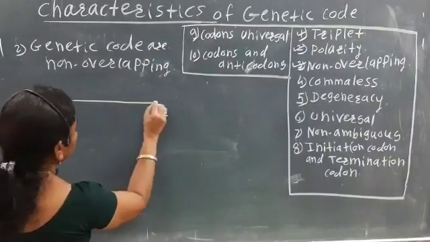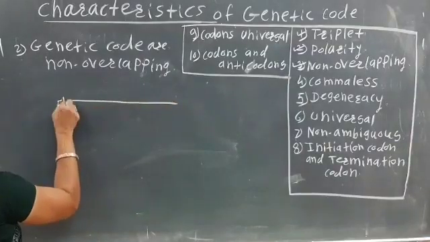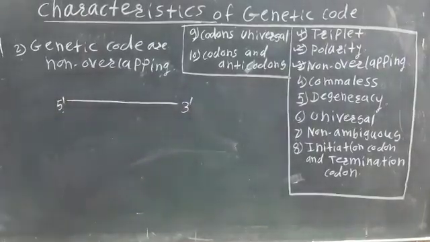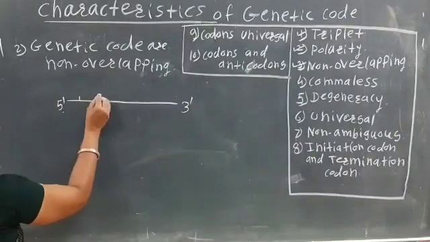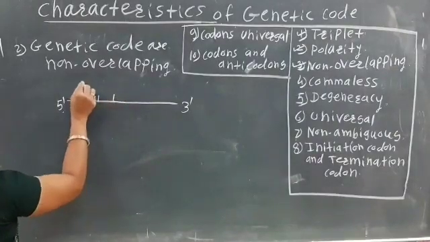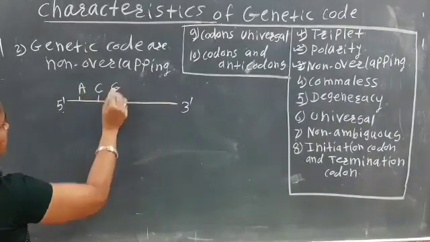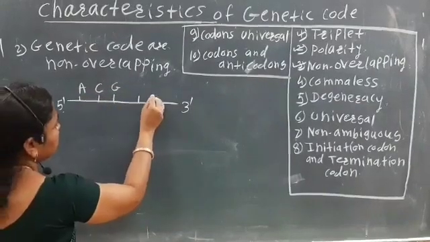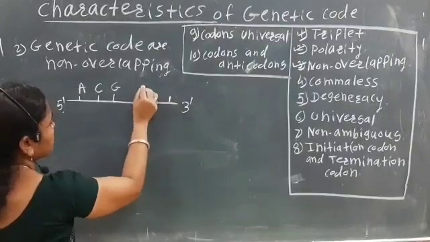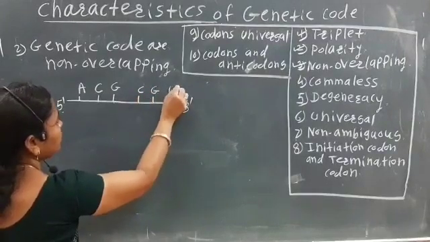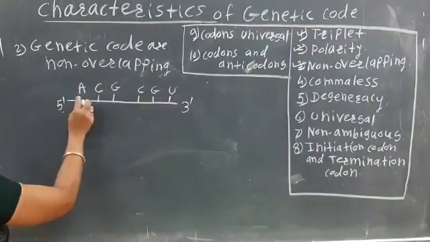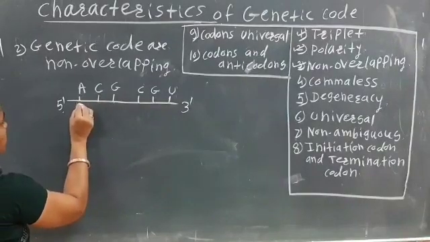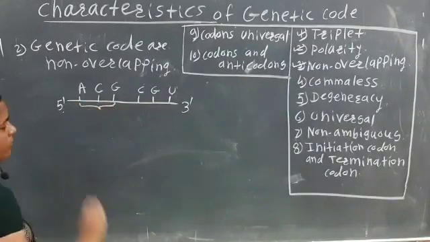So see here, here is the 5' end, here is the 3' end of the mRNA. So here the first genetic code, for example, is ACG. Okay, and the second genetic code will be CGU. So this genetic code ACG specifies a single amino acid.